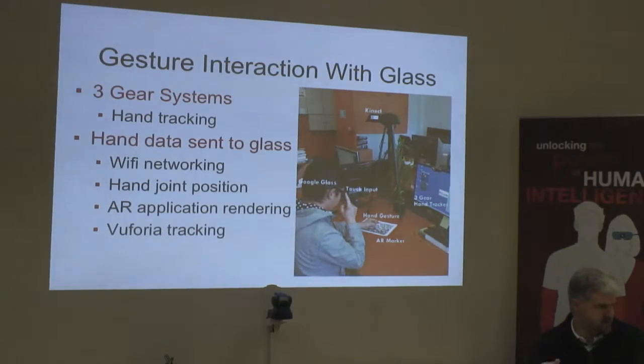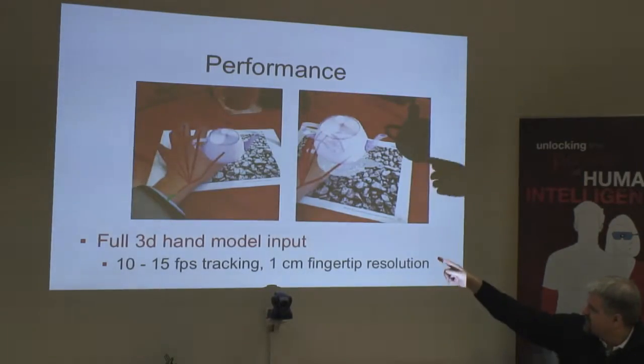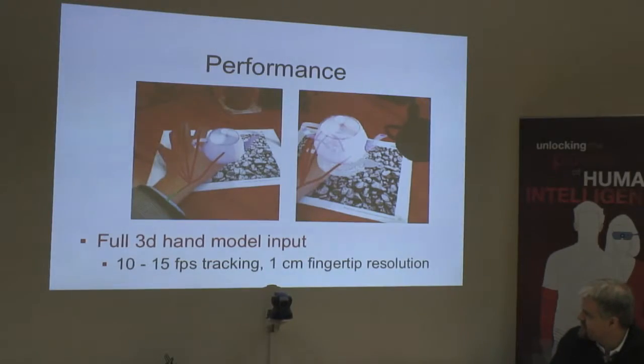Did he show you this one? And use your hand gestures to interact with Glass or with other areas as well. So he is interacting here, and then we built an augmented reality application where you can touch objects in the real world and use full 3D hand model input.